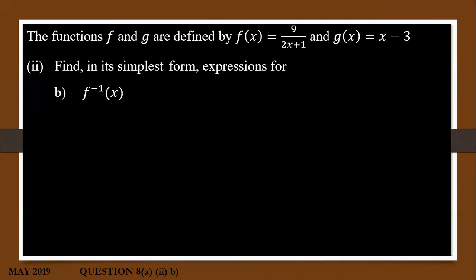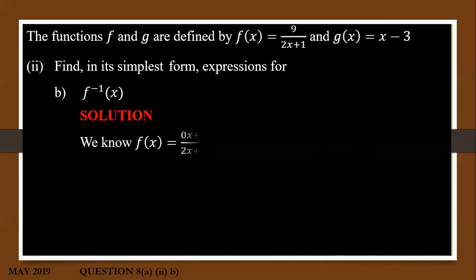Here we are required to find, in its simplest form, an expression for the inverse of f(x). You may pause the video at this time and attempt this question. Fantastic. Let us see if our answers are the same.